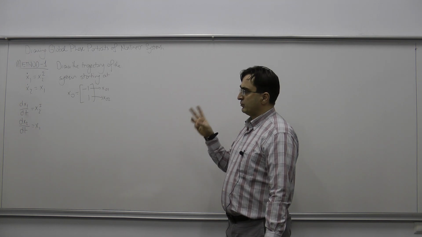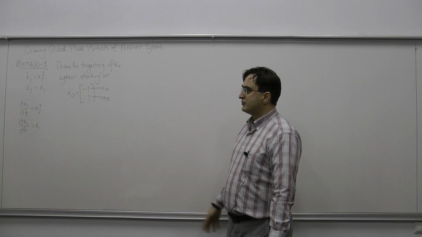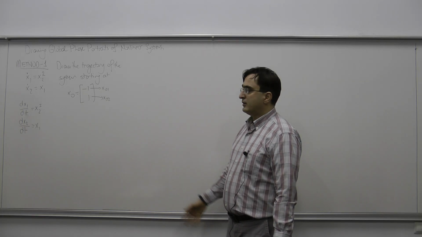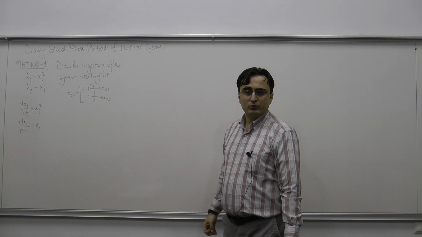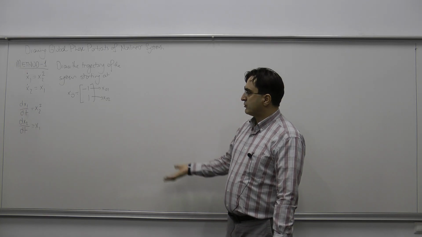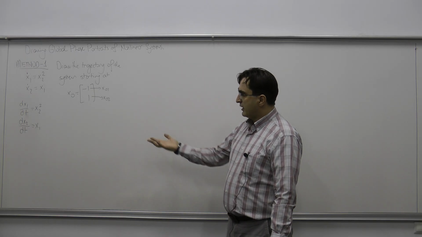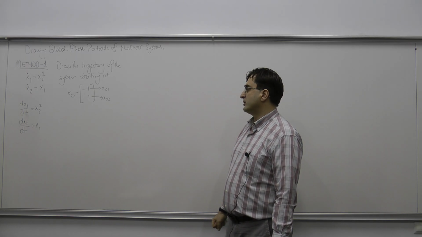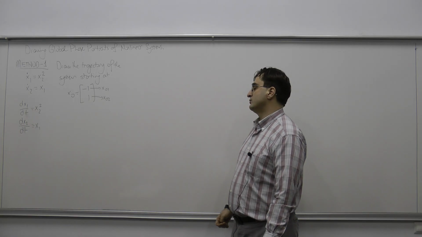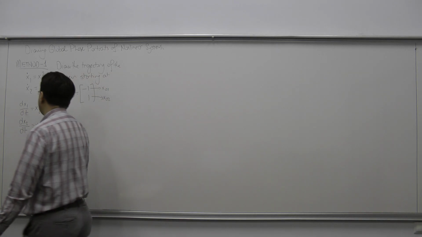These equations depend on three quantities, x1, x2, and time, and a phase-plane trajectory is nothing but a function of x1 and x2 only. If we can write x2 in terms of x1, or x1 in terms of x2, then we would get the phase-plane trajectory. So we don't want the result to depend on time. That is why I want to cancel time from these equations.